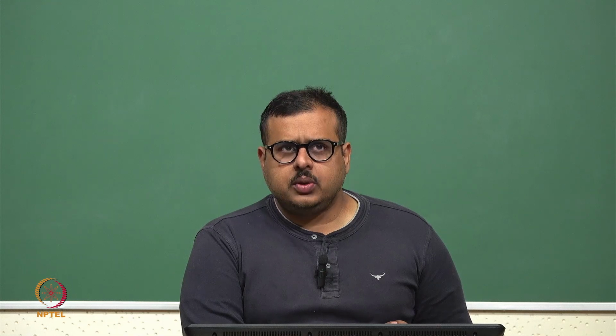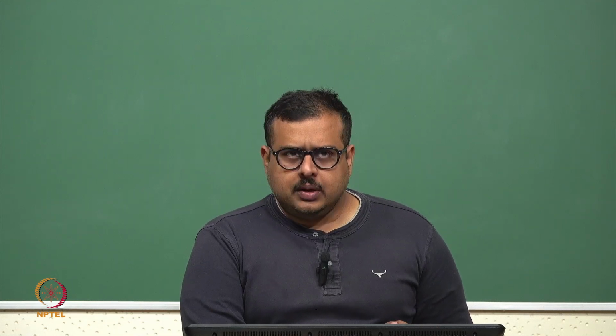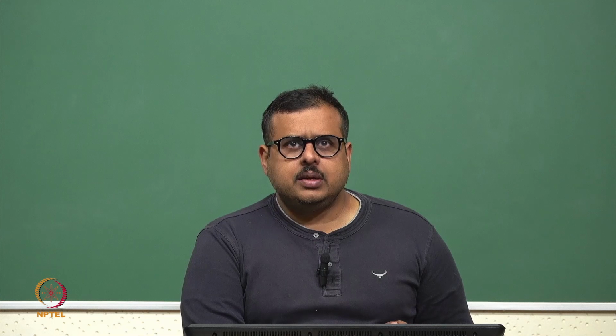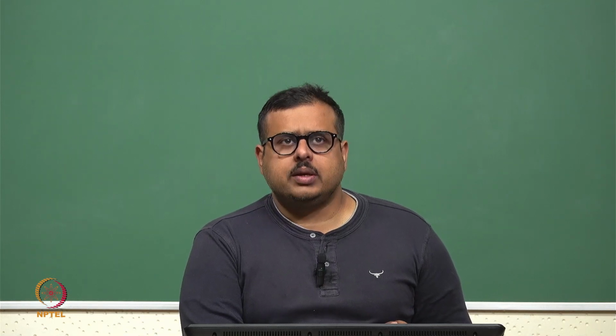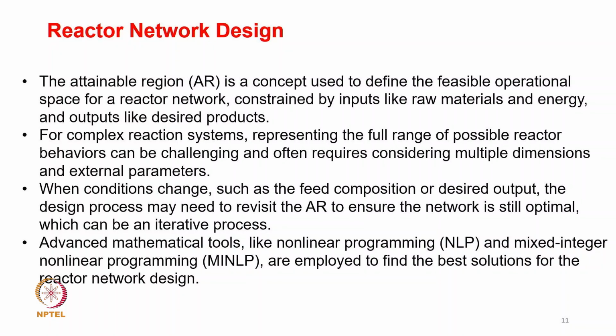Just to recap, we have learned about attainable region. Attainable region is a concept used to define the feasible operational space of a reactor constrained by various inputs such as raw materials, energy, and output as desired products. For complex reaction systems representing a full range of possible reactor behaviors, it is definitely challenging and requires considering multiple dimensions and external parameters for such design.